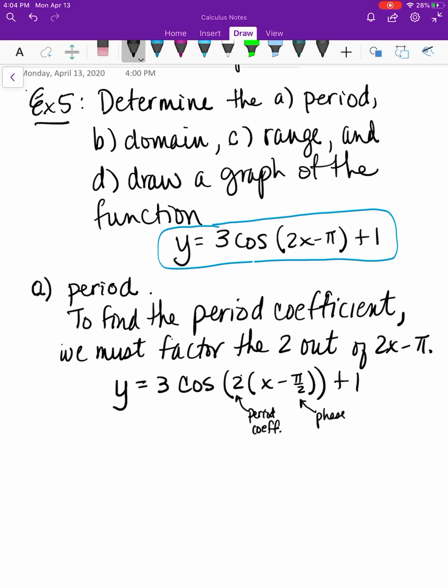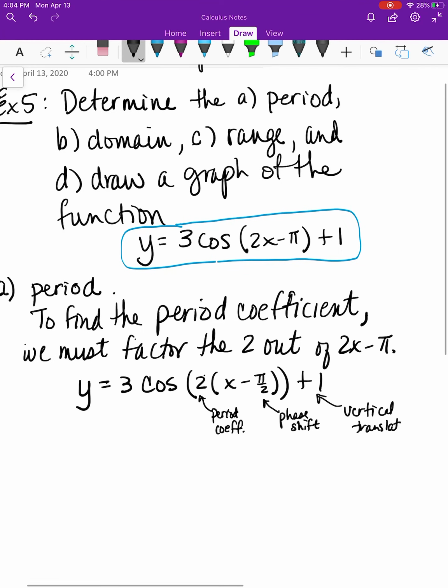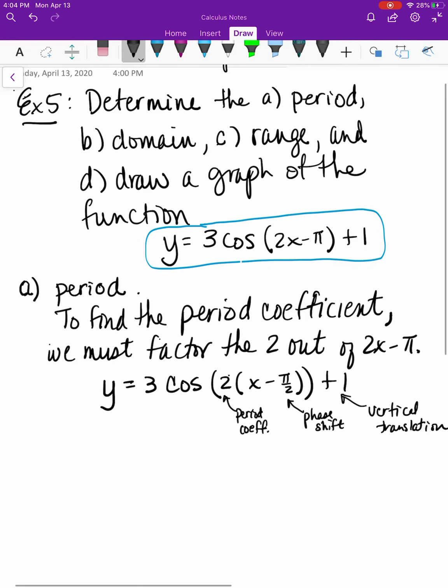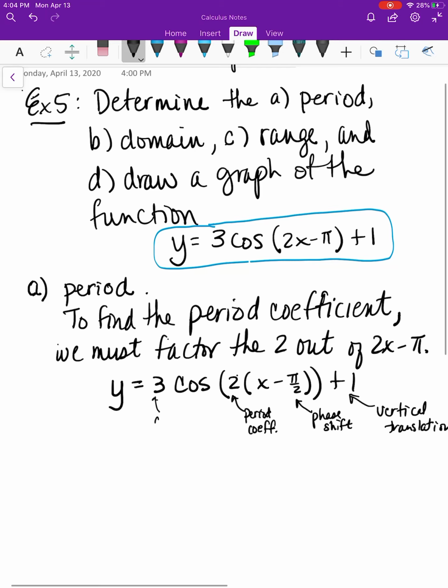Well, that right there is our period coefficient. When you factor that out, it more helps you with your phase shift. I don't know why I said it would help you with your period coefficient, but I'm just reminding you of all the things that we have based on what we did just a little bit ago.